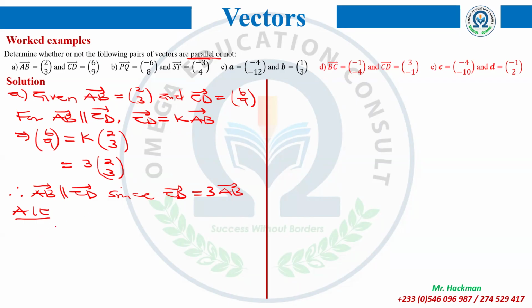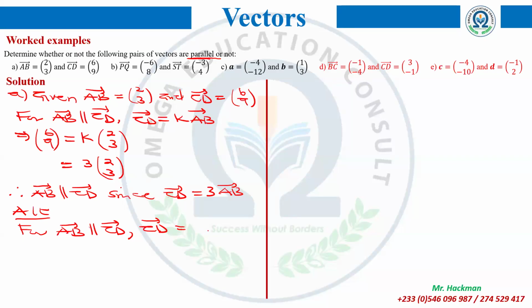So in this alternative method, you still extract. Then you write, for vector AB to be parallel to vector CD, you should know that your vector, so let's pick the bigger vector. The bigger vector is CD. Again, it doesn't really matter; we'll do the other one too and my point will still be made.